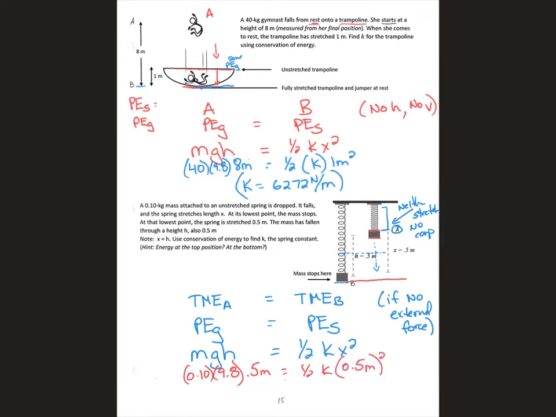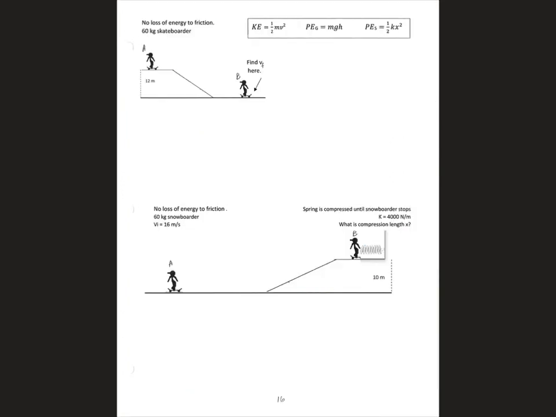Don't forget we have to square that. So let's do some math: 0.1 times 9.8 times 0.5, divided by 1/2 or times 2, and then don't forget to divide by 0.5 squared or 0.25. So I get a K value of 3.92 newtons per meter, a much smaller spring compared to the previous one.